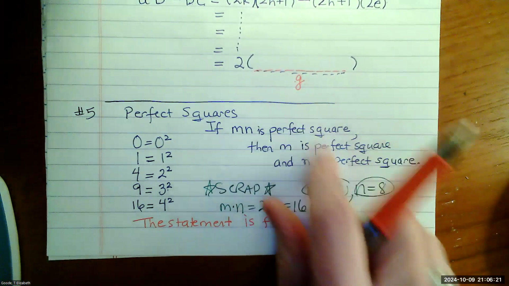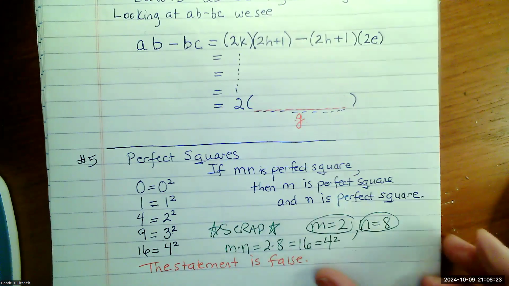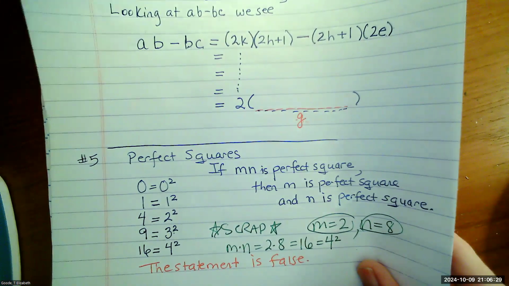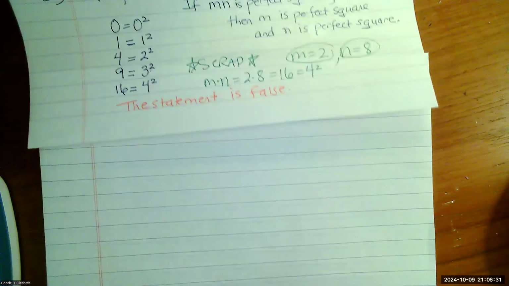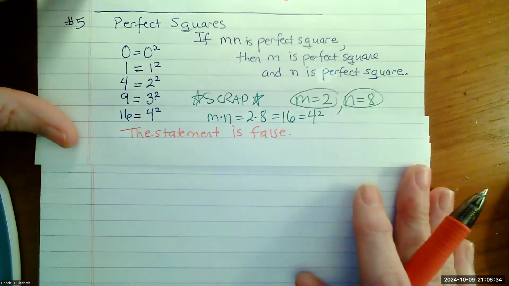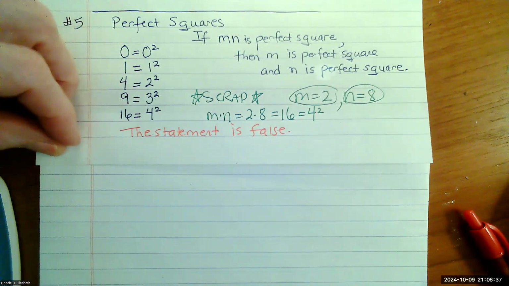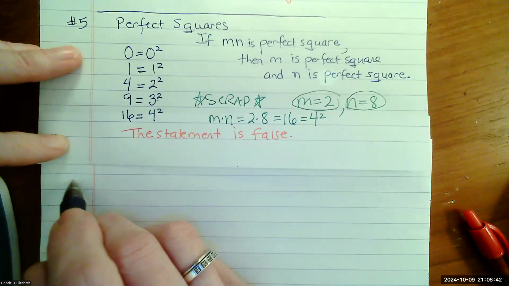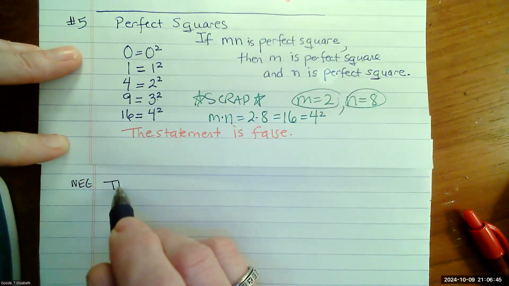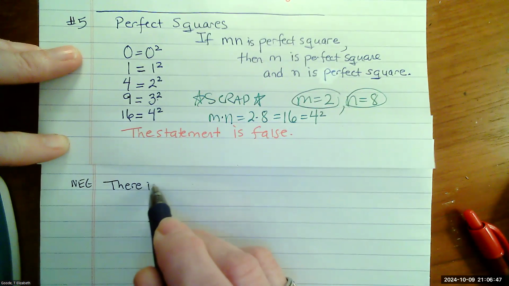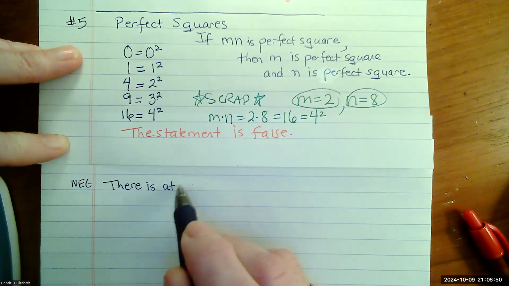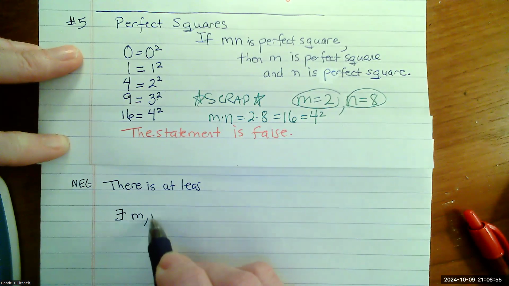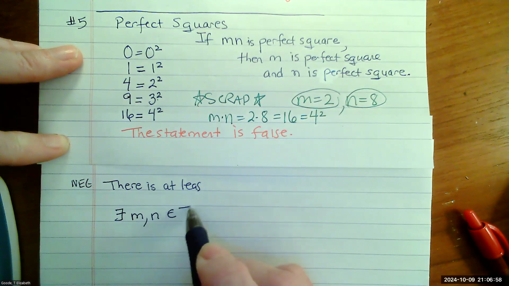We can use some symbols, but the point is, it's a for all statement because it's an if-then, right? The negation would be, instead of for all, there is at least one m, like a backwards E. Yes. There's at least one m and one n in the integers.